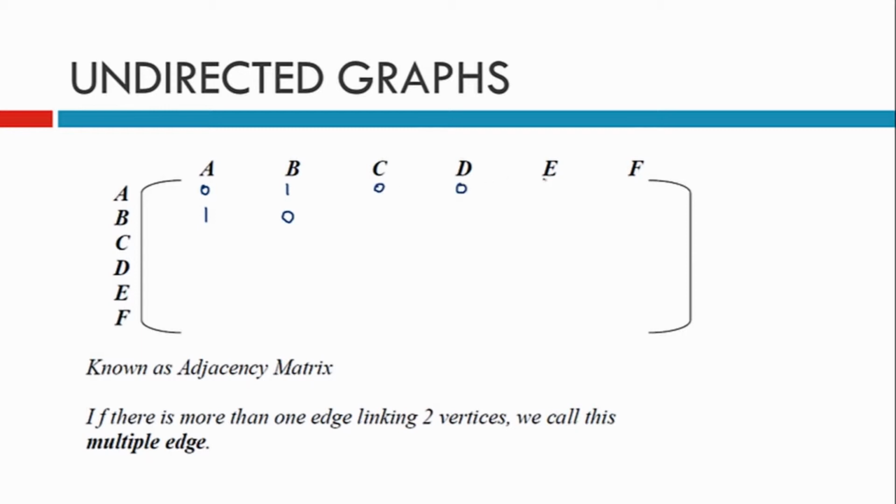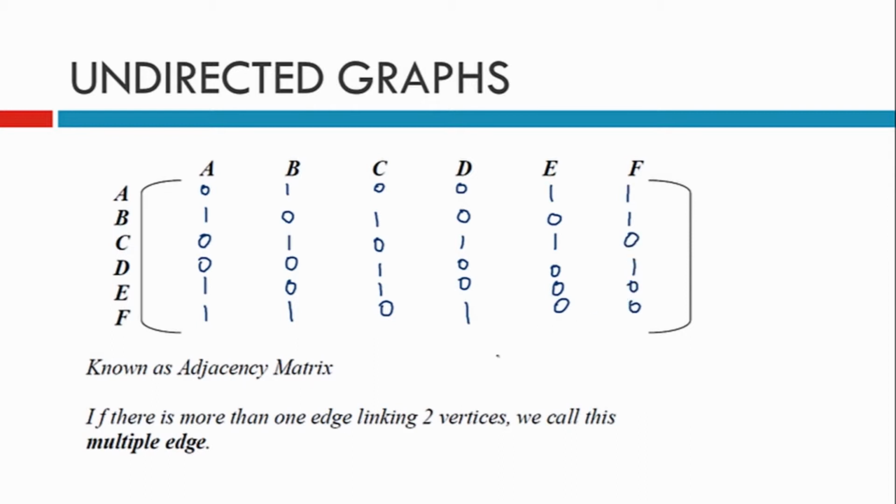So 0 there, 1, 1, and underneath the C, 1, 0, 1 going across, and then straight down is 0, 0, 1, 1, 1, 0, 0, 1, 0, 1, 0, 1, 0, 1, 1, 0, 0, and 0, 1, 0, 0. And this is known as the adjacency matrix.